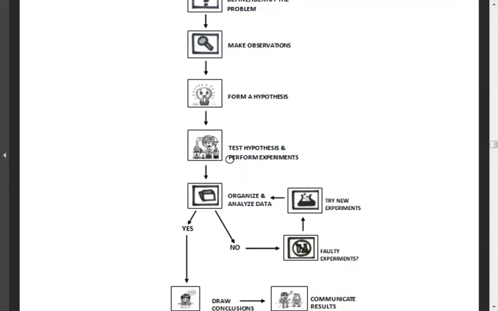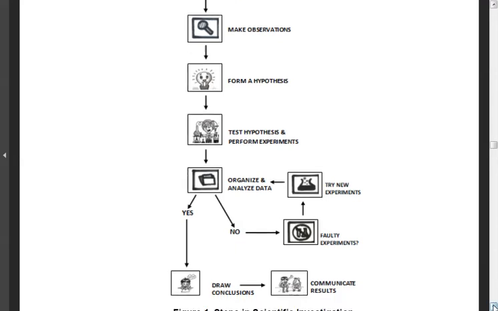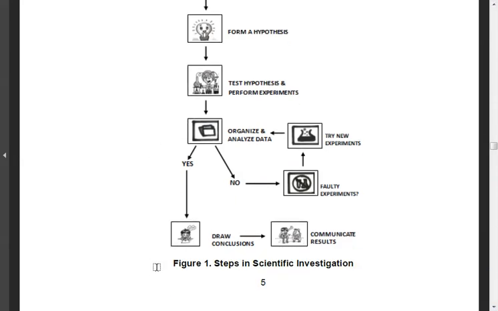Now, you gather your data. The results of the experiment, you organize them, and then of course, you have to analyze. If your experiment is successful, then you can draw conclusions and then communicate results.